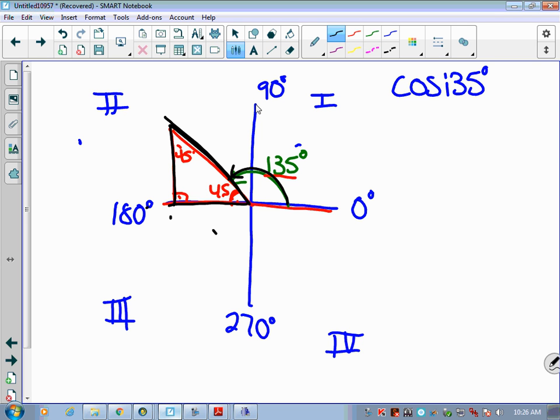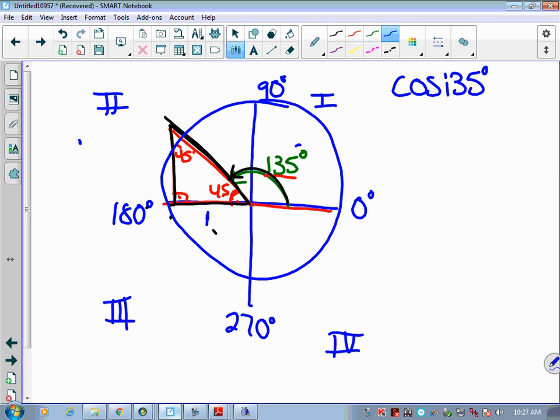Now, because this is a unit circle, when you go back and look at the definition of what we talked about, it said a unit circle is a circle with a radius of 1 unit, okay? So what we're talking about is that everything is done around 1. So what is this length right here? It's 1.